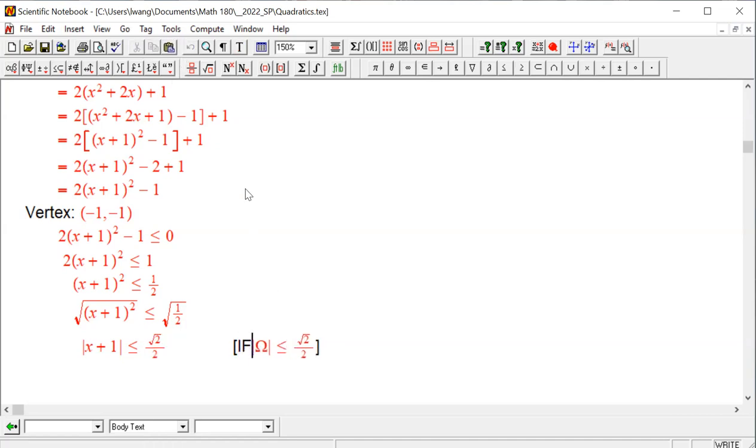So if that, then omega is between -√2 over 2 and +√2 over 2. There, right? So we're going to take this model and plunk it right here.